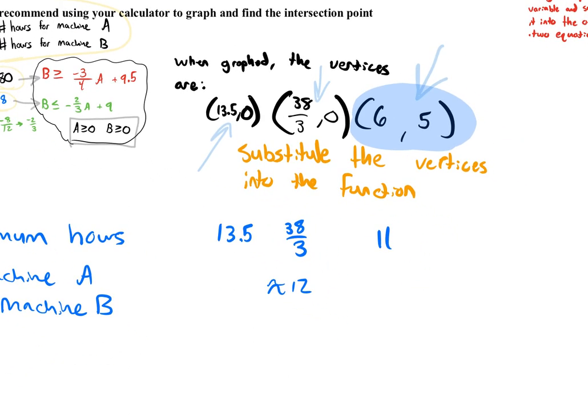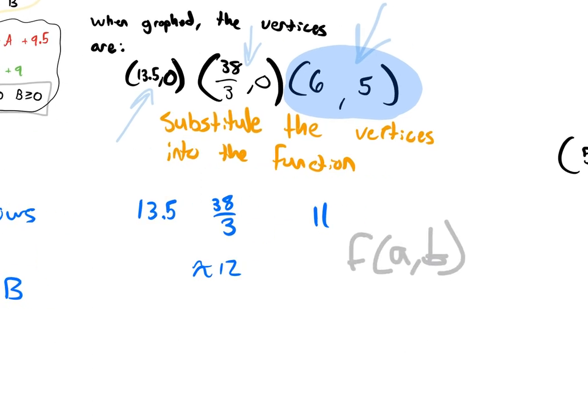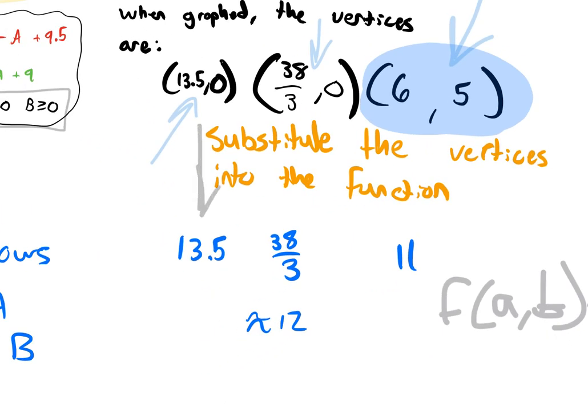And when you plug these points into that optimization function, which was just the number of hours, A plus B, you end up getting this one's 13.5. That one's 30 over 8, which is almost about 12.